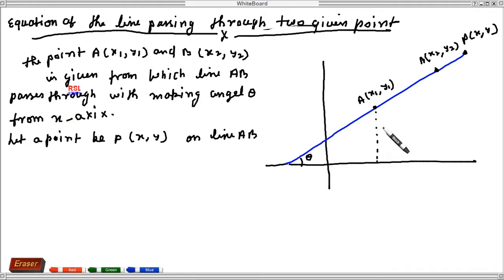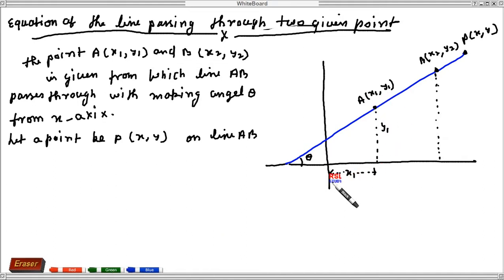So two points A and B are given, for which line AB passes through making angle theta from the x-axis. Let a point be P (x, y) on line AB.